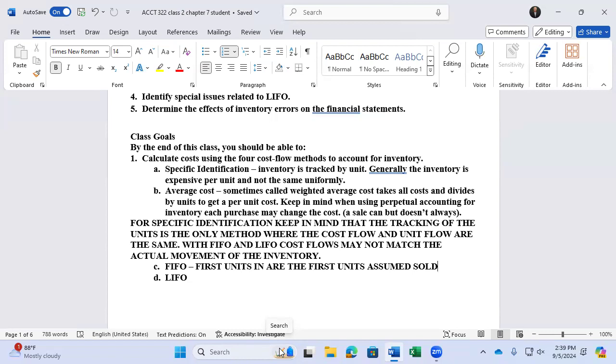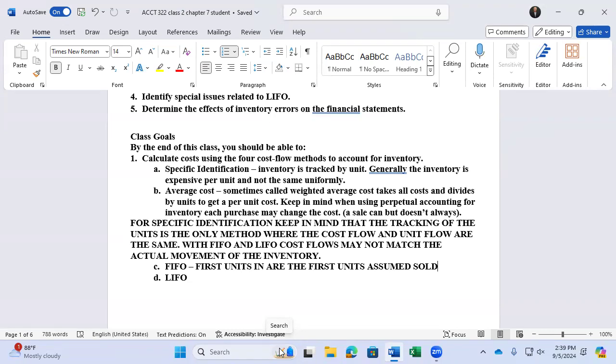If we go with FIFO, we're going to start here and use them up until we hit how much we've sold. If we sold all of this, we're going to use our costs from here, and then this last one is going to be the inventory.